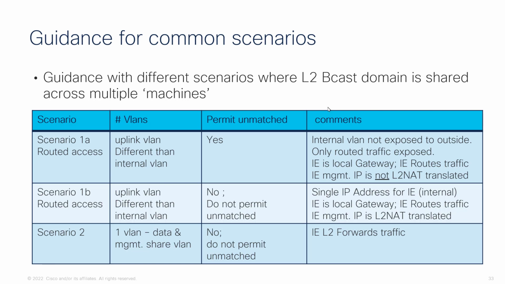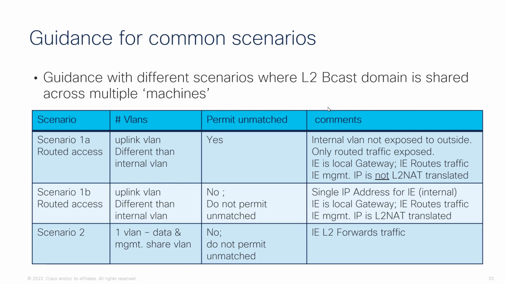So this is more for reference, but within scenario 1 with routed access, there are 2 different ways to do it. And really the difference is whether you want to have 2 IP addresses on the IE switch, where like in the example, VLAN 200 had a layer 3 interface on that VLAN, and VLAN 3004 had a layer 3 interface.